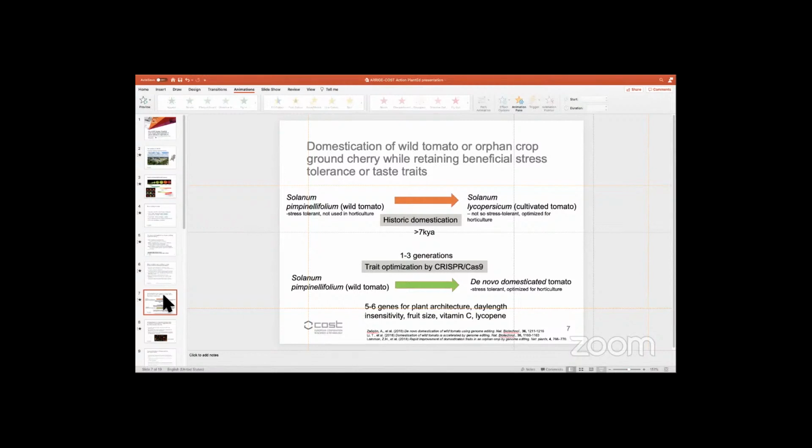So researchers did CRISPR-Cas mutagenesis in Solanum pimpinellifolium for 5 to 6 genes in several groups, and in that way produced a de novo domesticated tomato, demonstrating that CRISPR-Cas mutagenesis allows you to do something like this in only a few generations.